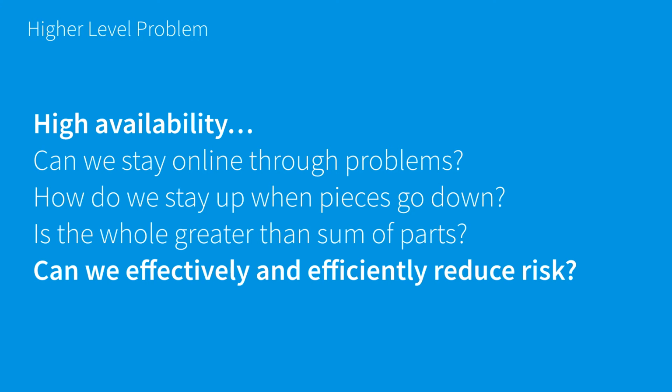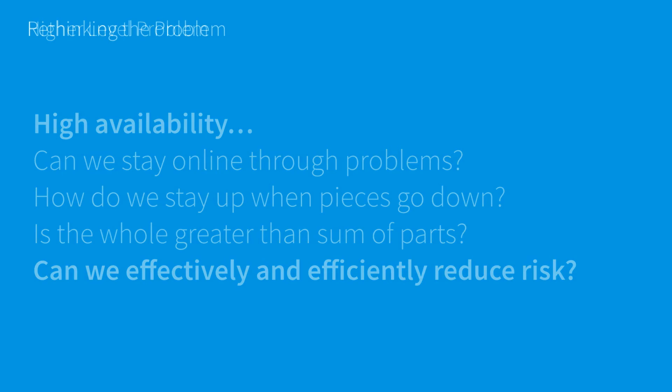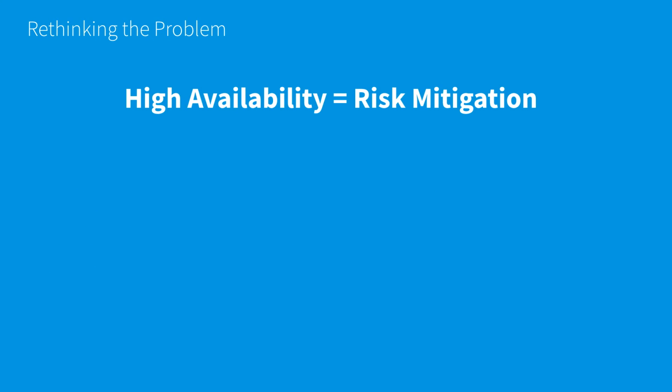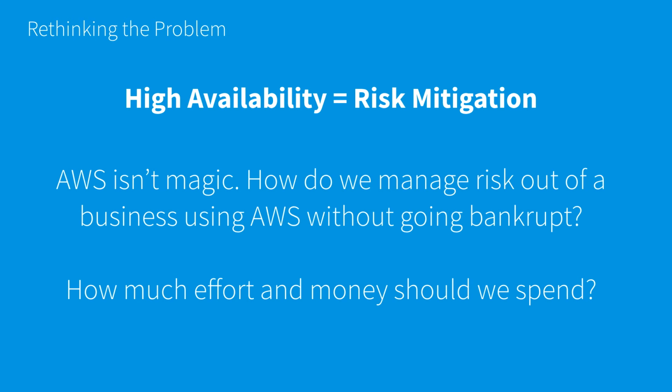There has to be some sort of business goal that justifies the expenditure of time, effort, and money into reducing this risk of downtime. So when we rethink the problem, we think of high availability as a technique that we use for risk mitigation. I'm going to sound a little bit MBA here, but this is the IT version of risk mitigation.